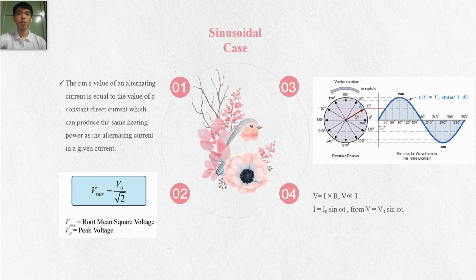On the right-hand side is the graph of the sinusoidal waveform in the time domain. Since voltage is equal to the product of current and resistance, voltage is directly proportional to the current. Hence, we can write the expression current I equals I0 sin omega t, where I0 is the peak current, omega is the angular velocity, and t is the time.